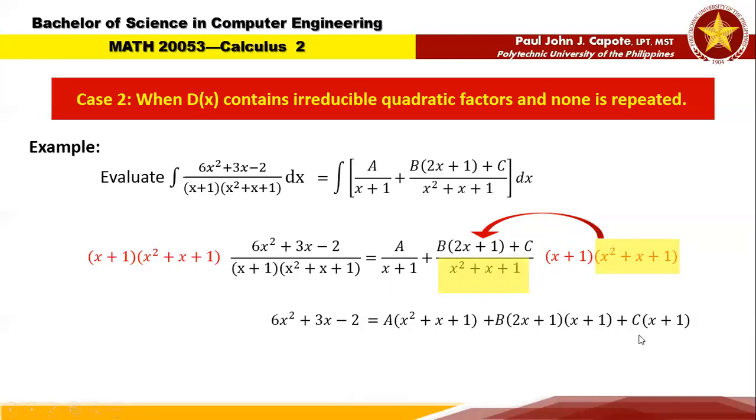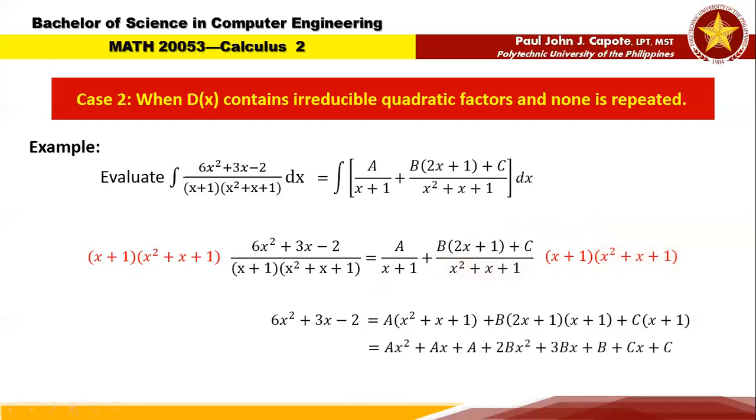Doing those required operations, we get this. So we have 6x squared plus 3x minus 2 is equal to ax squared plus ax plus a plus 2bx squared plus 3bx plus b plus cx plus c.